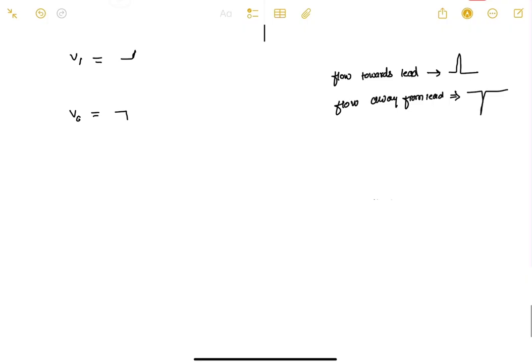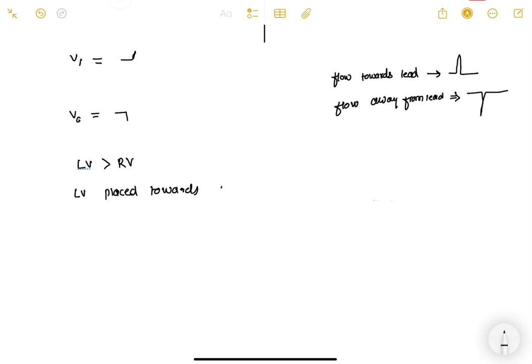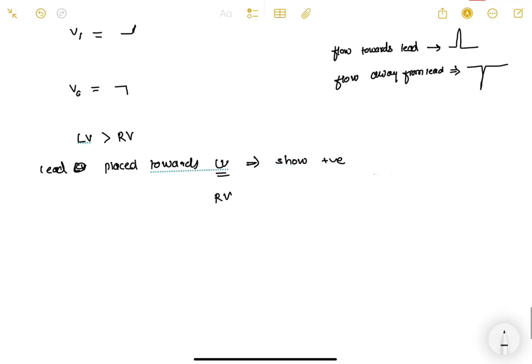Now what will we get next? See, the left ventricle is larger than the right ventricle. So leads that are placed towards the left ventricle will show positive deflection, and from the right ventricle it will show negative deflection. Why is that?